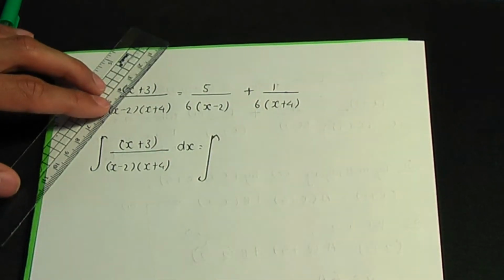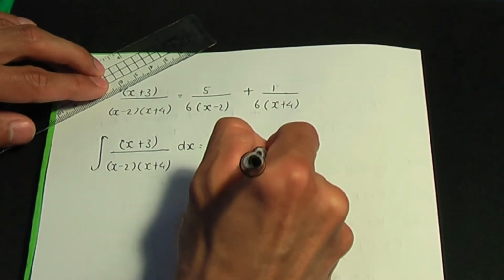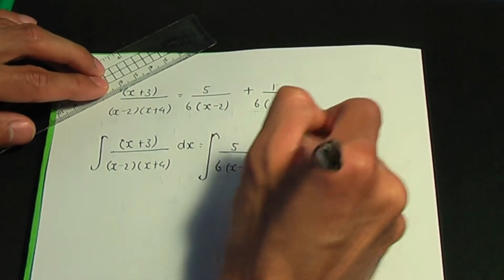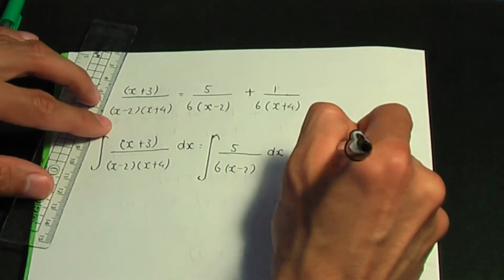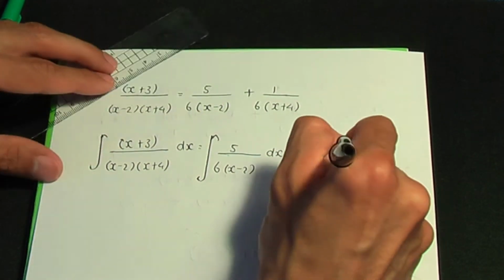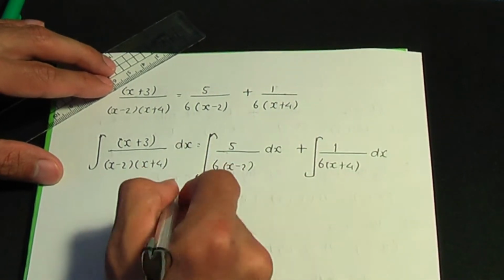So we can integrate 5 over 6 times x minus 2 with respect to x, plus we can integrate 1 over 6 times x plus 4 with respect to x.